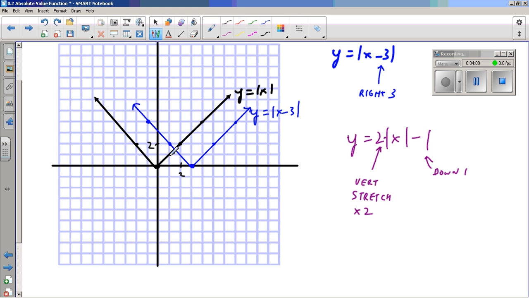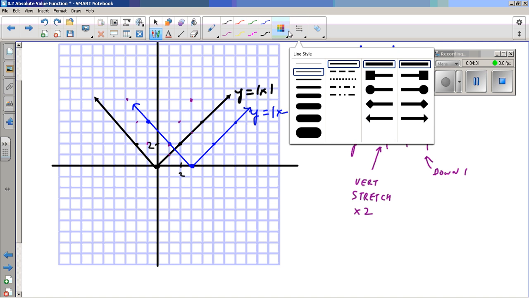Where it was 1 unit, now it's going to be 2 units. Where it was 2 units, now it's going to be 4. Where it was 3, it's going to be 6, and I end up with a graph that's steeper. It's doubled. And in fact, you can see the steepness of the line has increased, hasn't it? And that's exactly what's gone on here.